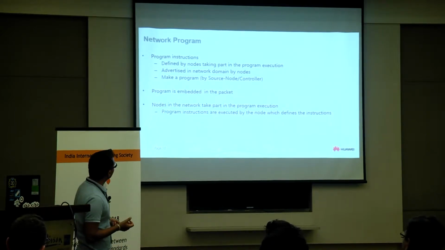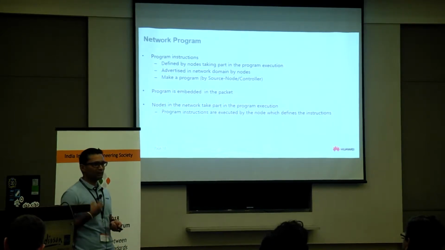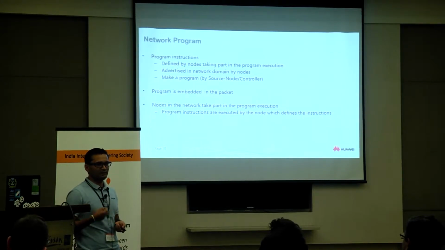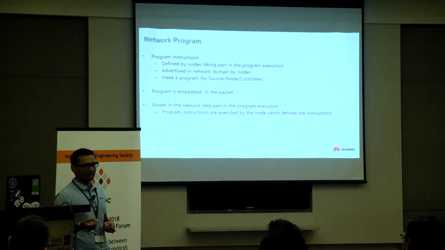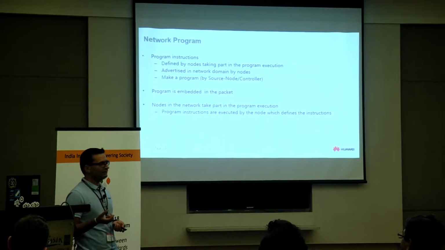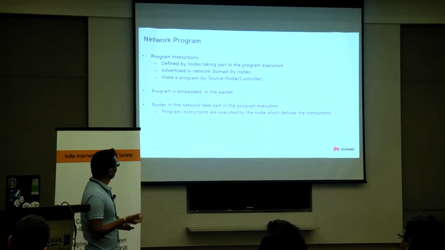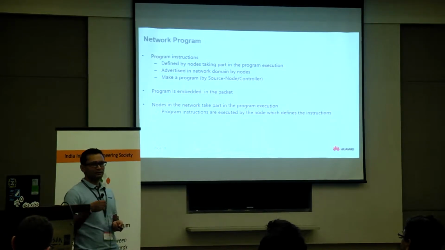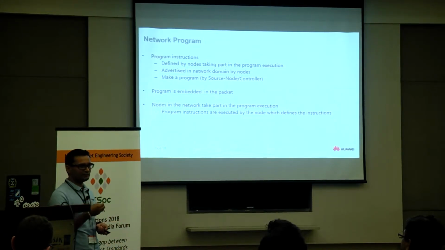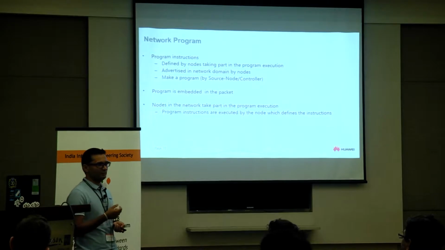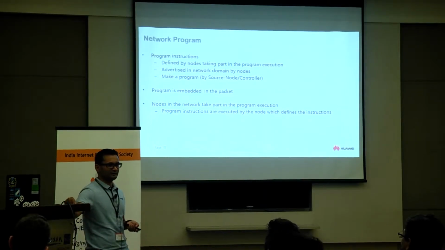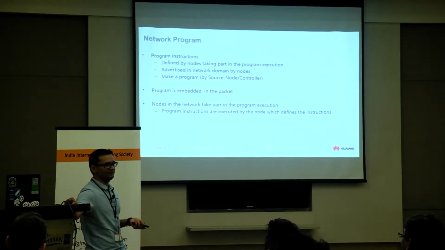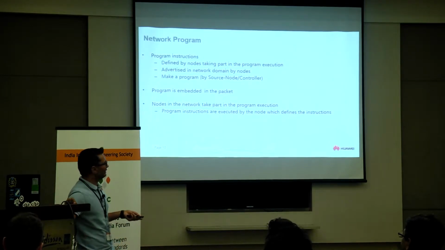So that is what I will show first: how the program is created, we call in SR the segment list, how that is created, and then how we inject that into the packet, and how the source node, the transit node and the end node behave to those instructions when the packet is received by them.